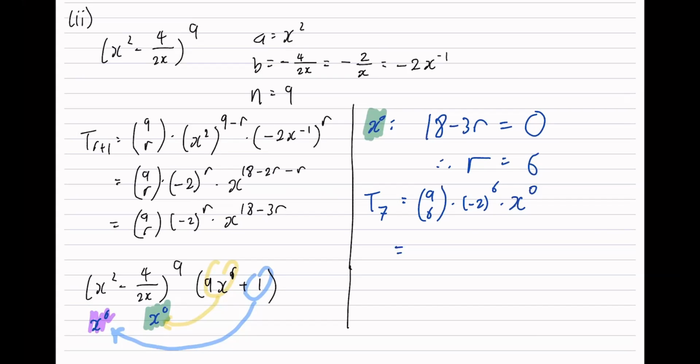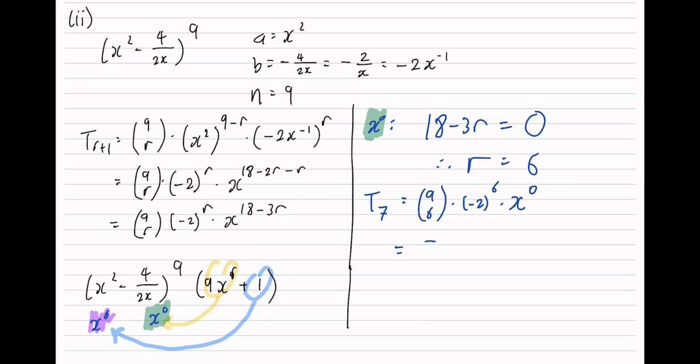Can you tell me what is it? The green color. 9 choose 6 times, oh, the dot here means times, by the way. 9 choose 6 is 84.